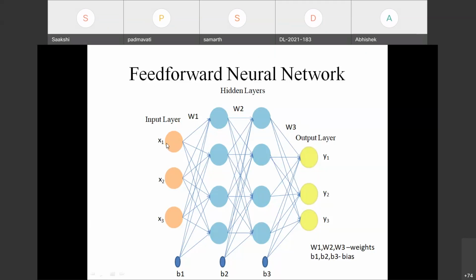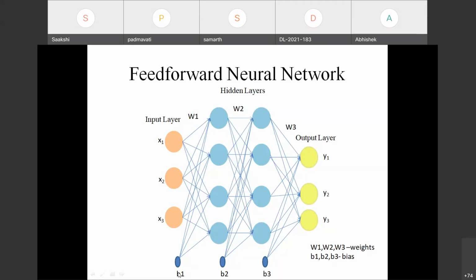Now you must understand, whenever this neuron is producing some y hat with some random w1 and b1 values, the y hat that it generates should be compared with the actual value, and later it should update the parameters w1 and b1 accordingly.